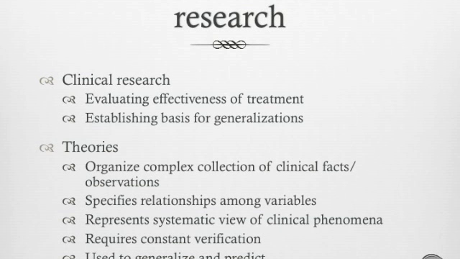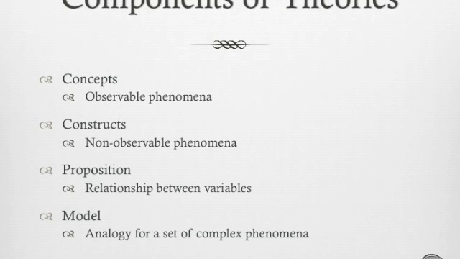The purpose of research is to understand more about the elements of theory and to apply those elements to everyday practice. The role that theory plays in clinical practice and research is best described by examining the structure of a theory. What are the components? The essential building blocks of a theory are concepts.